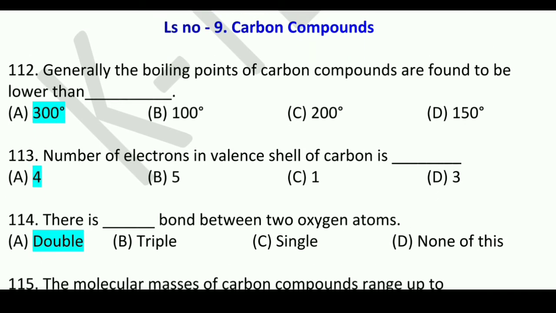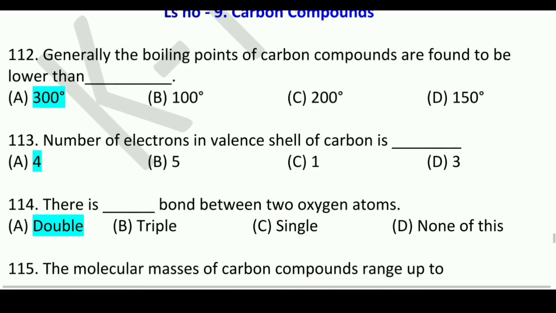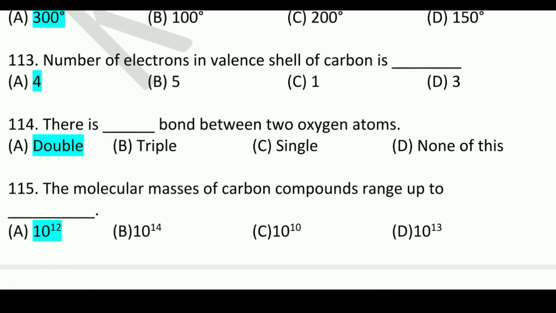Moving to lesson number 9, carbon compound. Generally, the boiling point of carbon compounds are to be lower than 300 degrees. Number of electrons in valence shell of carbon is 4.